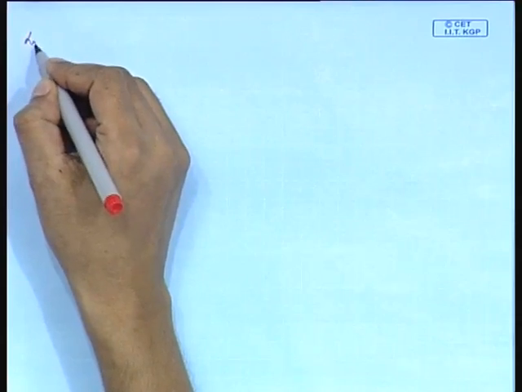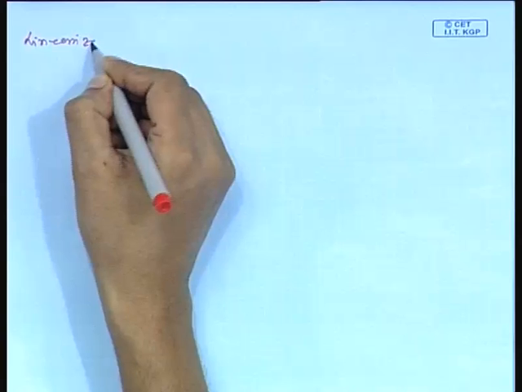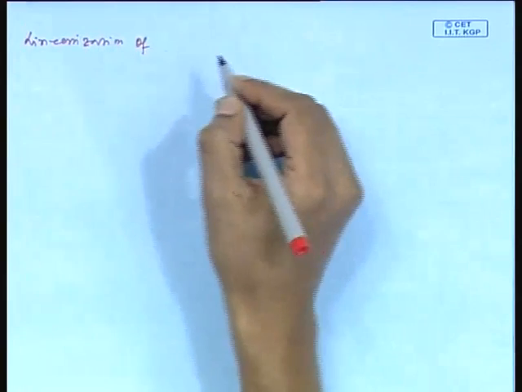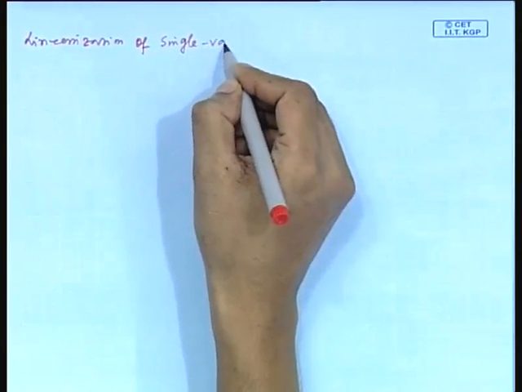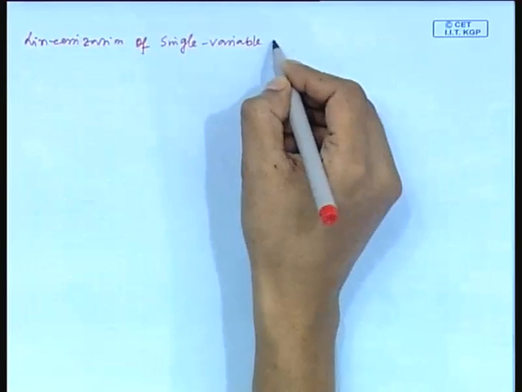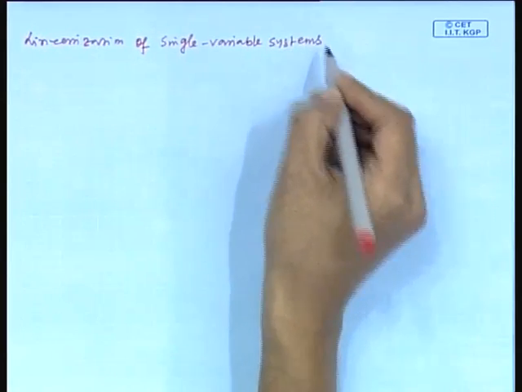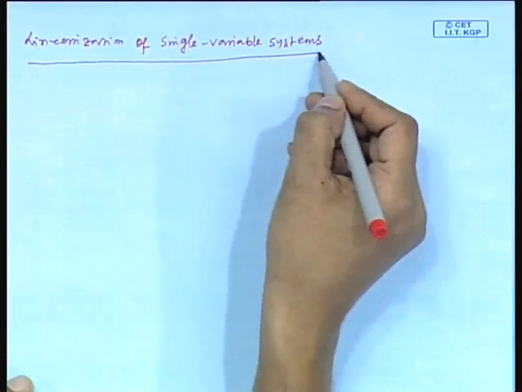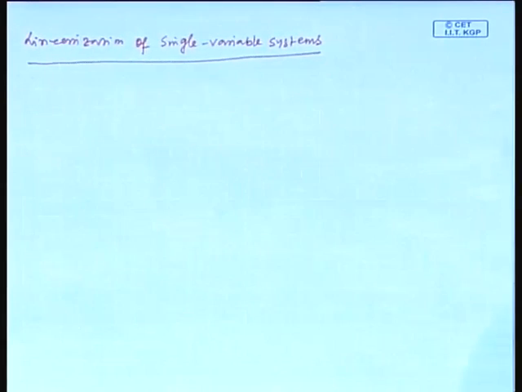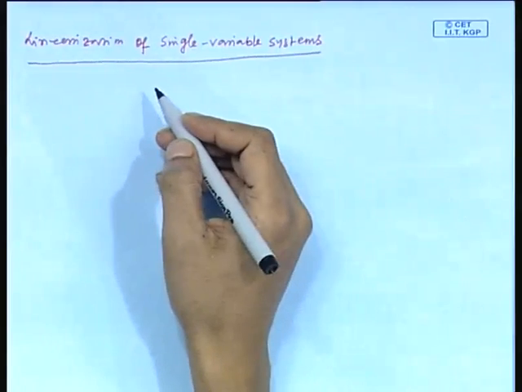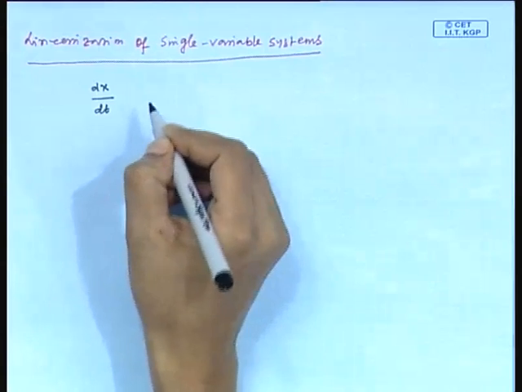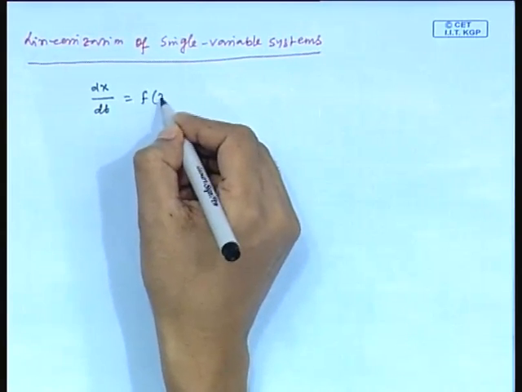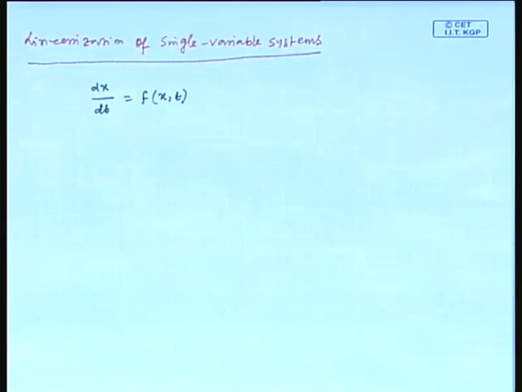First we will start with linearization of a single variable system. We will consider a simple ordinary differential equation represented by dx/dt equal to a function of x and t.